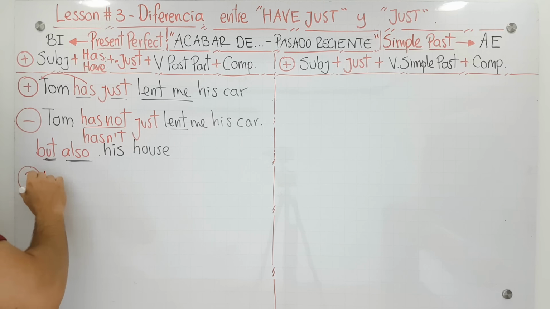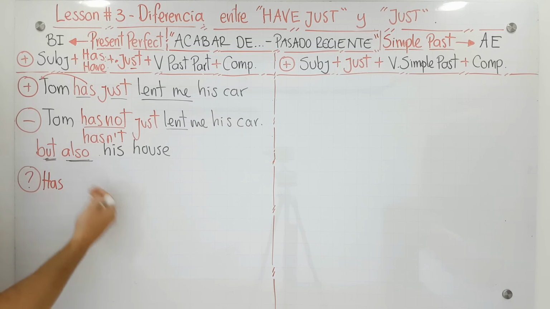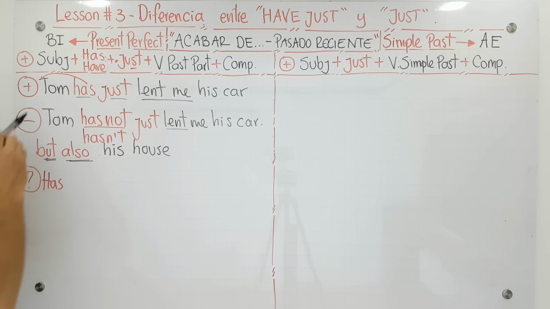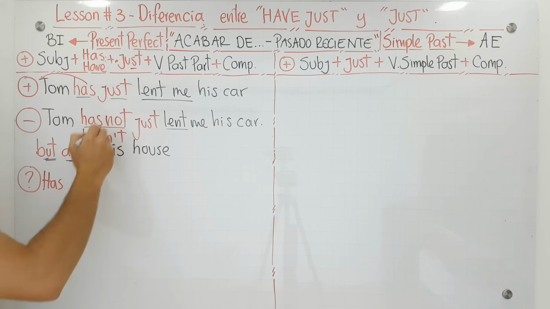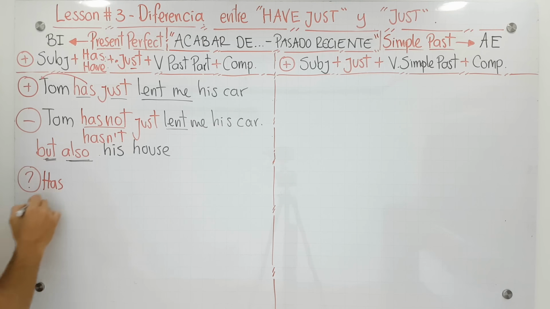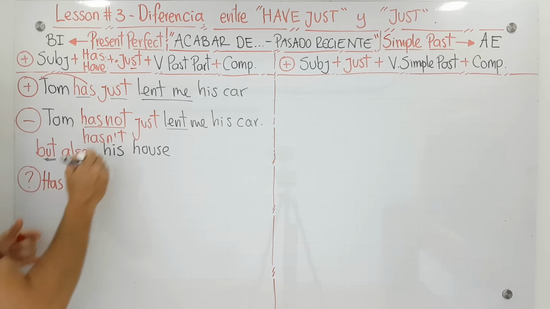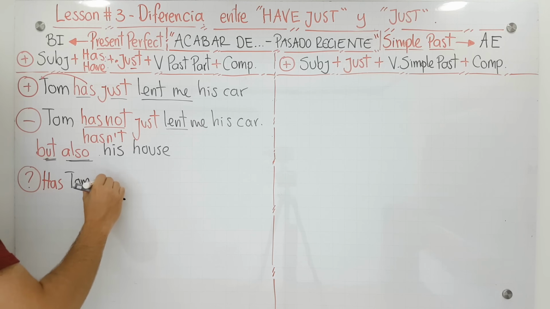So in this case, the auxiliary has opens that question. ¿Sí? Abre esa pregunta. Como cambio de posiciones, I change the position here, so the subject goes right after the auxiliary. So, Tom comes to this place. Tom viene a este lugar. Has Tom, and then just is what we have to follow.